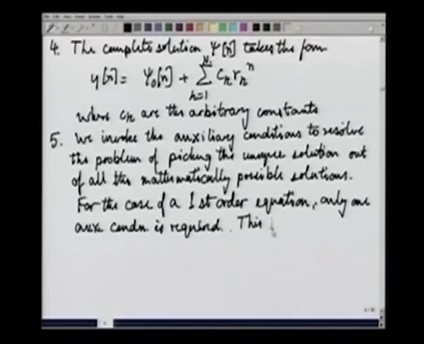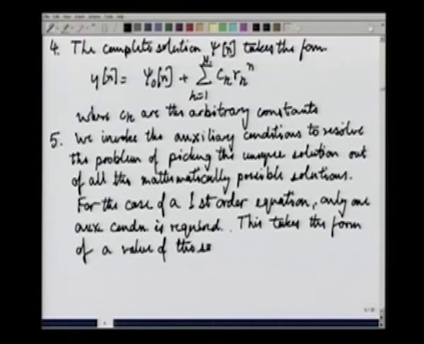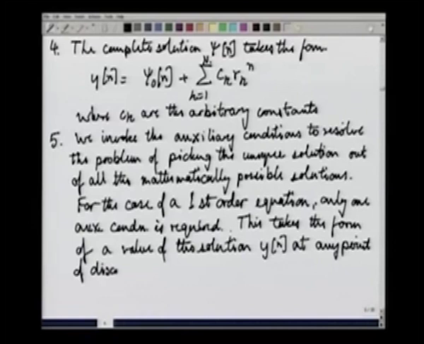This takes the form of a value of the solution y n at any point of discrete time of our choosing.